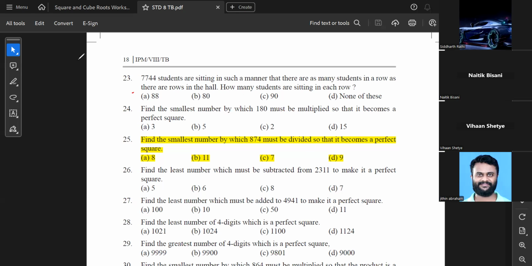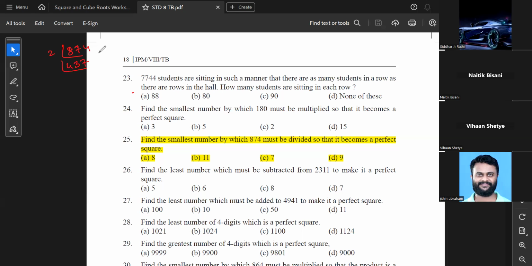Yeah, let's try to find the factors of this. 874, when divided by 2, since it's an even number, I'll get 437. And a factor of 437, sir, 19.